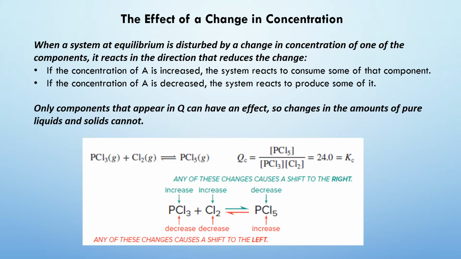First, let's take a look at the effect of a change in concentration. When a system is at equilibrium, and you try to disturb this equilibrium by adding one of the reactants or the products, by changing its concentration, this net reaction will react in the direction that reduces this change of concentration. For example, if you add some reactant, this net reaction will reduce the increase of this reactant by reacting that reactant into products.